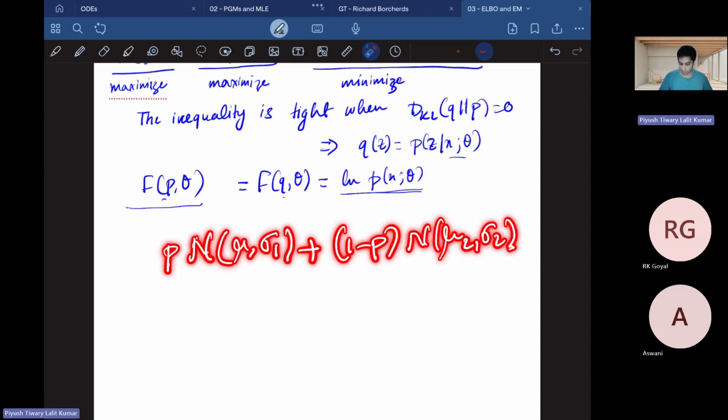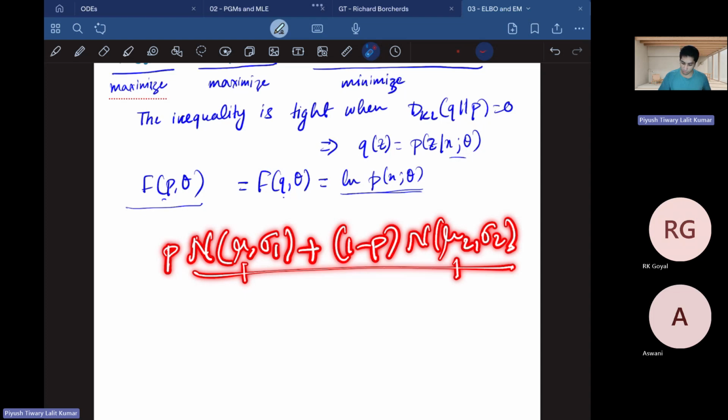In such cases, your latent variable is basically like you can think of this as there are two centers, like there are two clusters, one at mu one and another at mu two. These will become your latent variables.